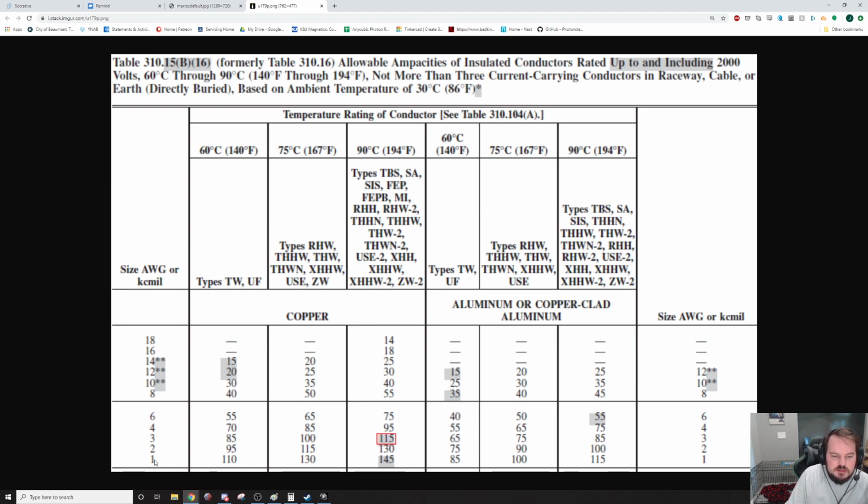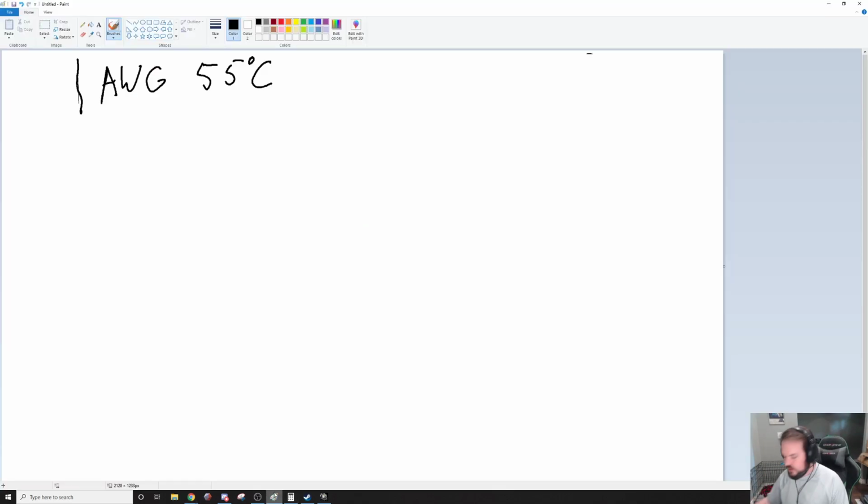Number 1 is on this column. You come down to number 1, and then in the 75 degrees Celsius column, you have 130 amps. So we'll come over here and write down, it starts out at 130 amps.